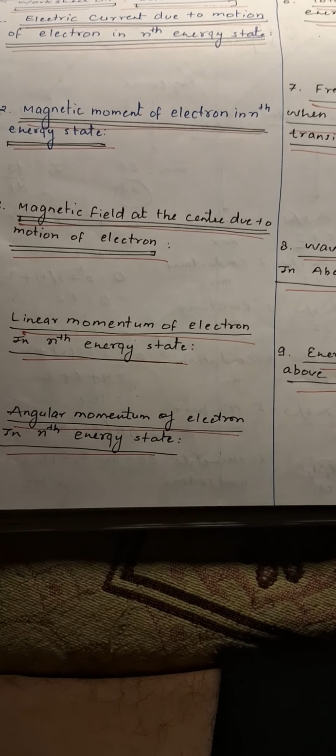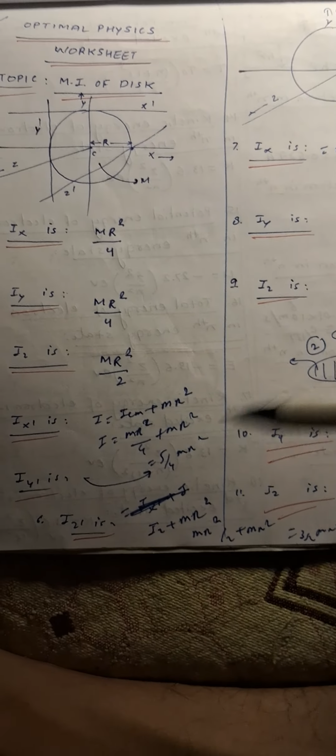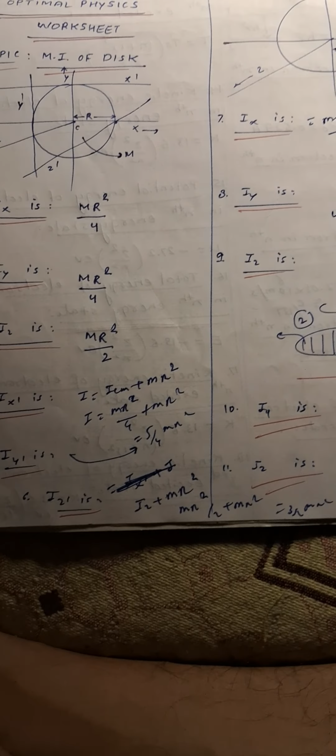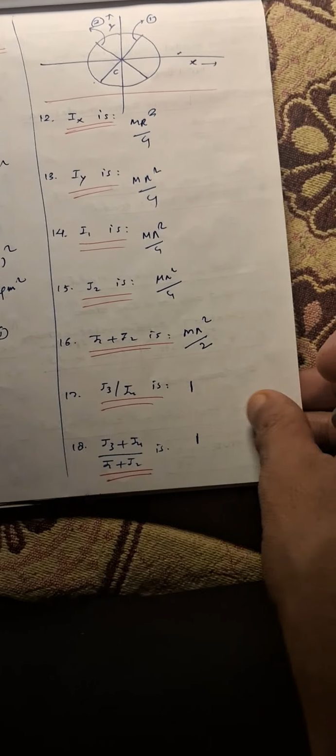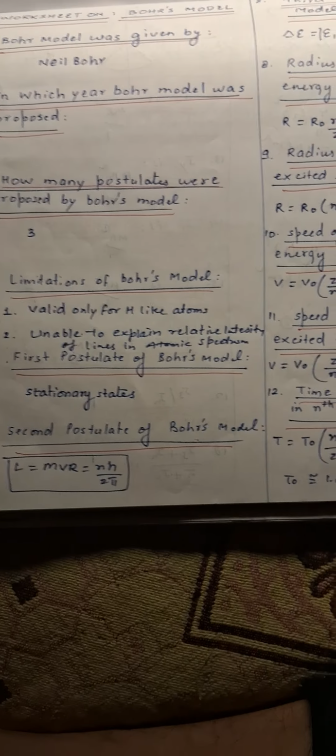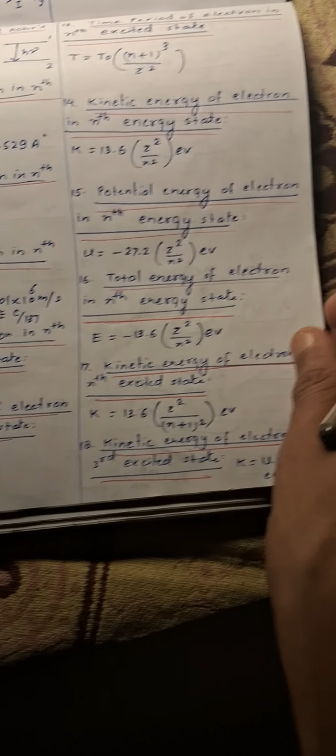Then we have a worksheet on Bohr's model. Then we have a worksheet on moment of inertia of disk. Then we have another worksheet on Bohr's model as shown over here. Then we have another worksheet on moment of inertia of ring.